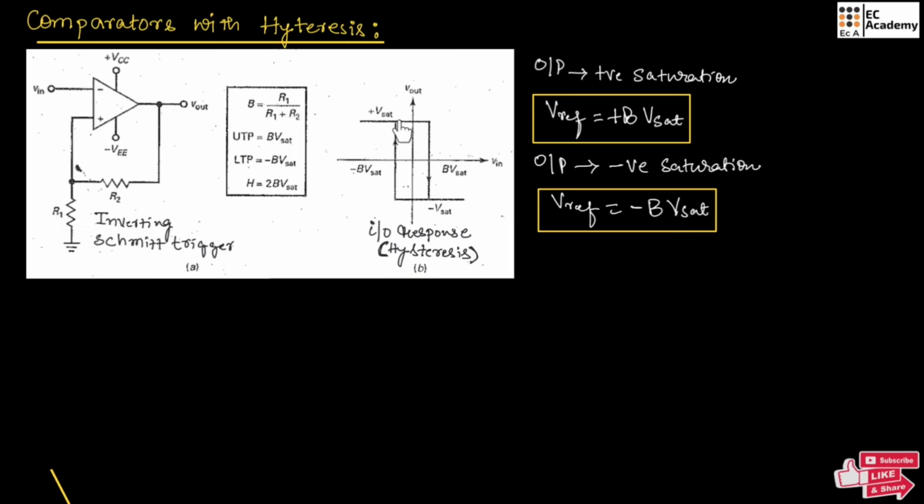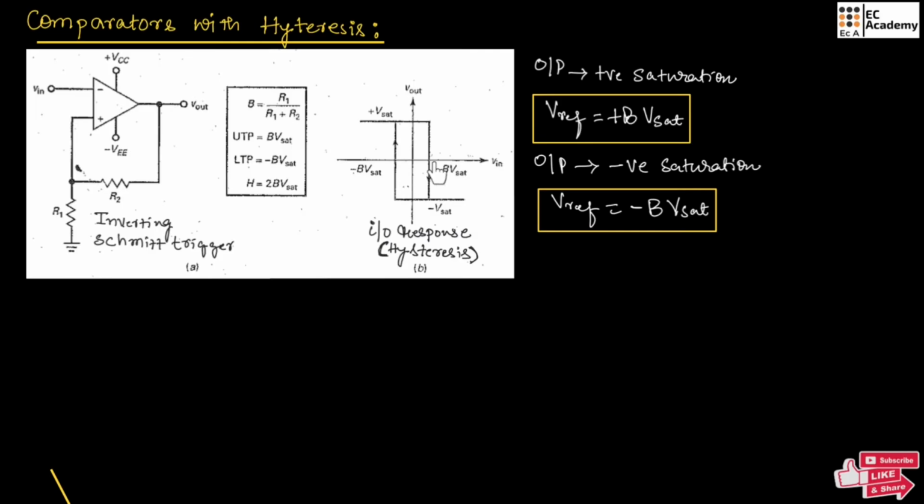So the output will move from high to low. Now if input voltage decreases, then the output will still remain in -V saturation. As input voltage slightly decreases below -B V saturation, the output will switch from -V saturation to +V saturation, which means the output will move from low to high.